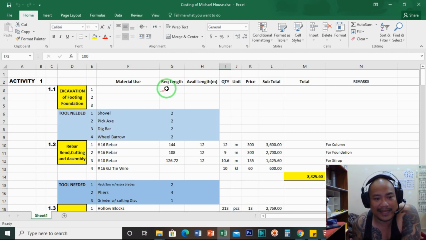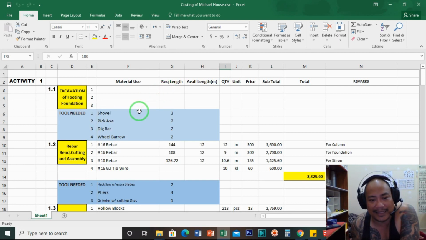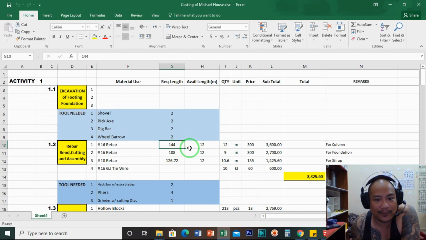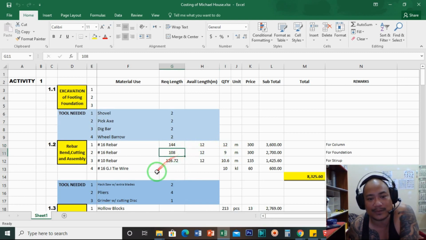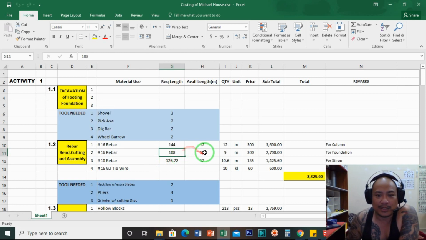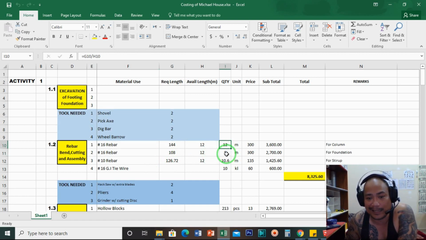So the next activity is rebar bending, cutting and assembly. What I need is 144 meters of number 16 rebar plus 108 rebar plus 1026 rebars. So I need 12 of that one and 21 of that one for column and foundation.